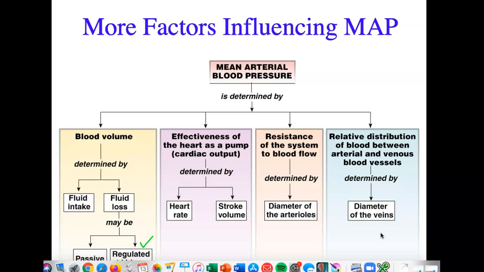And most of it is going to be in the veins, and what's the diameter of those veins. So it's a really nice way in a flow chart to look at what that mean arterial blood pressure is and what it's determined by.